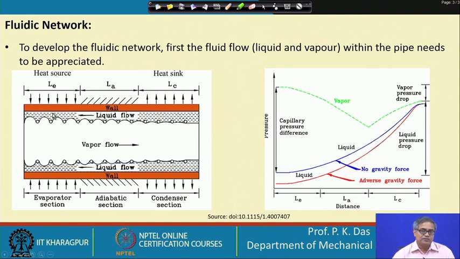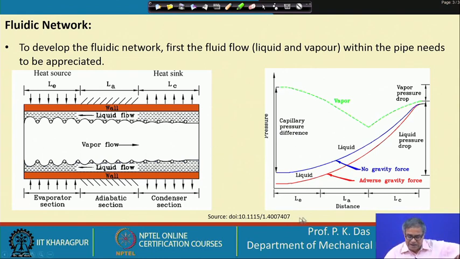So, there is a pressure difference between liquid phase and vapor phase, and this meniscus is not uniform all through. So, there is a change in the meniscus shape in the axial direction. So, this will give rise to some sort of a capillary pressure, and this capillary pressure will give rise to the driving action.